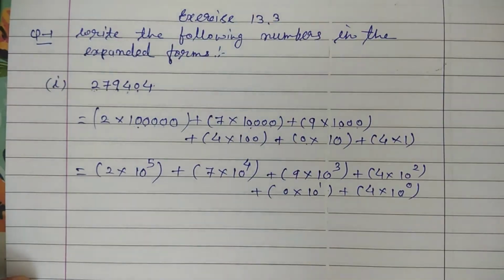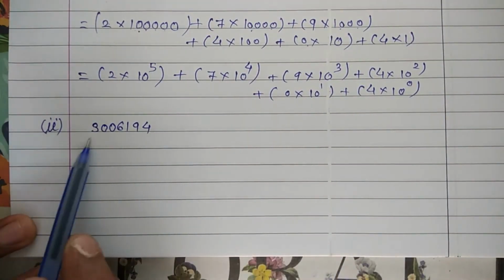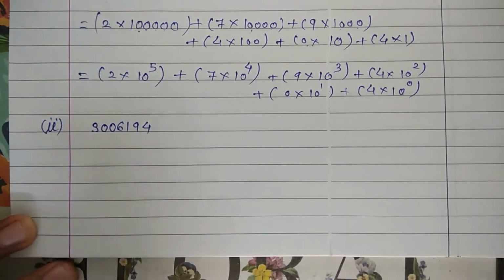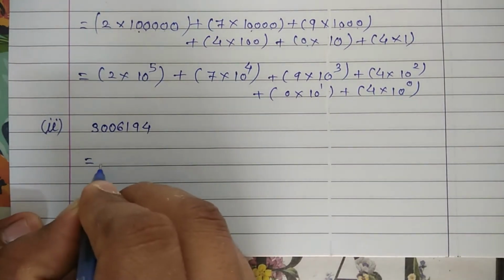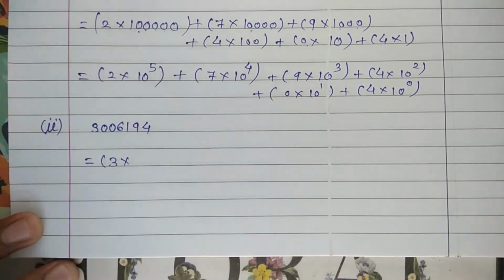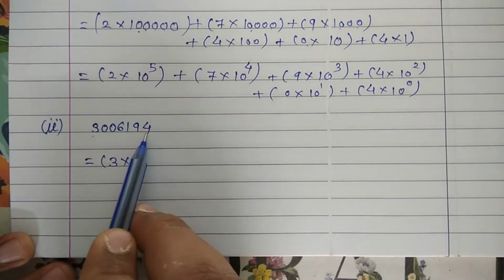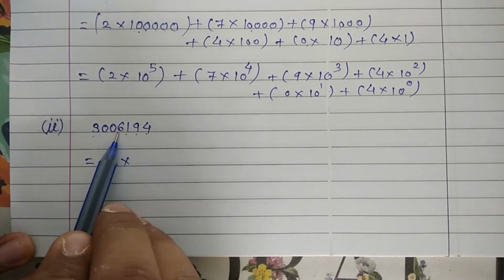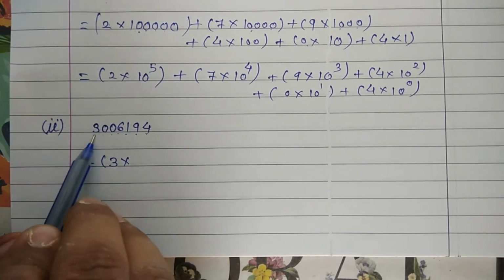279404. Sum number 2, we have to convert this number 306194 into expanded form. So we will start here. So we will write first number from left hand side, it is 3 multiplied by, which place is this 3? So we will start from here: ones, tens, hundreds, thousands, 10,000s, lakh and 10 lakhs.